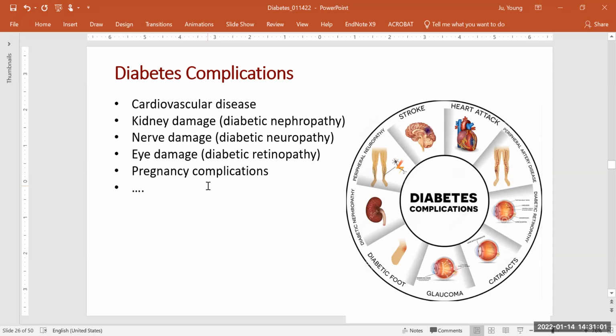And babies who are exposed for a long time to high blood sugar level in the womb are at higher risk of developing diabetes in the future, and many other health problems, including oral health problems, hearing loss, and mental health issues.